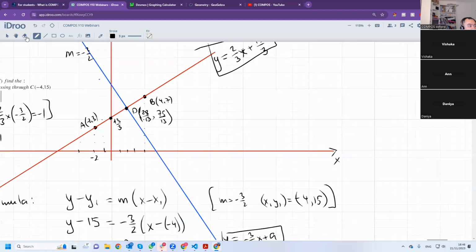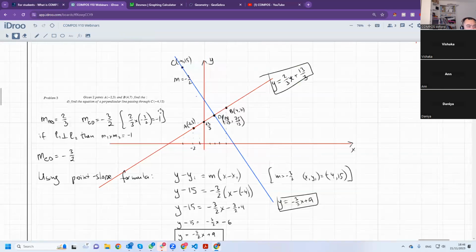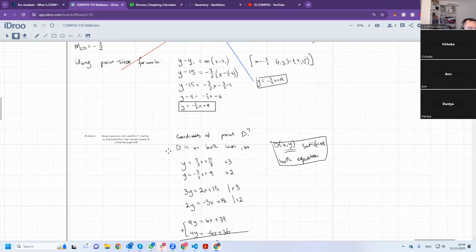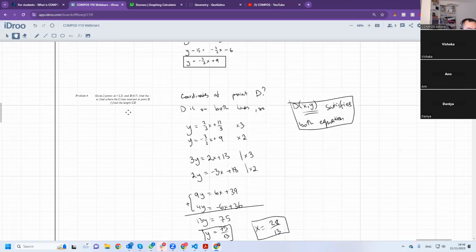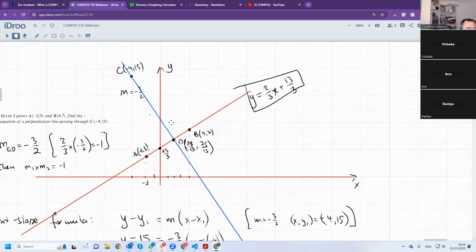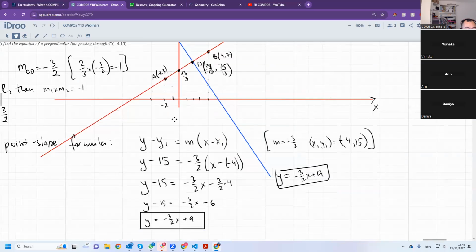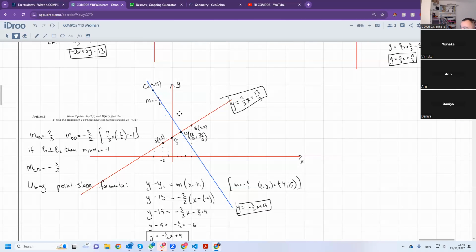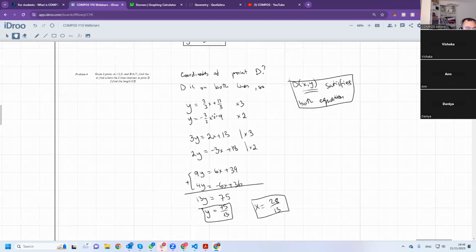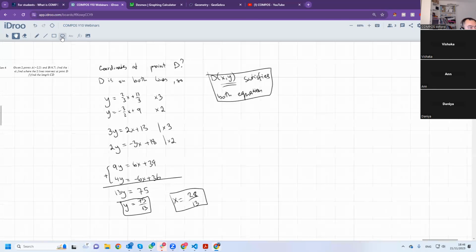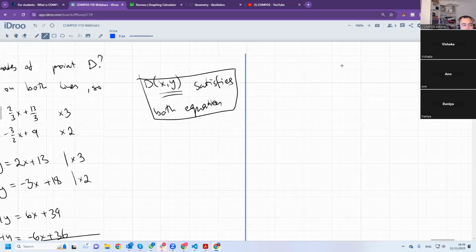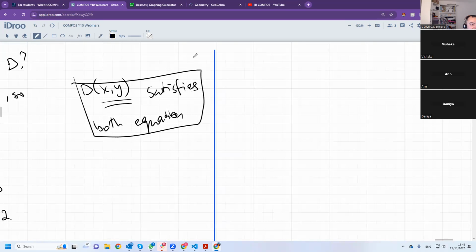And finally, they can ask us to find the length CD, which is quite straightforward. So I'm going to draw a line. Length of CD.